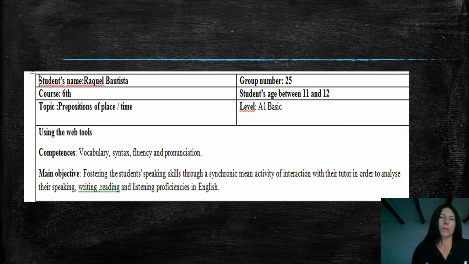And the main objective that you need to achieve at the end of the class is fostering the students' speaking skill through a synchronous activity on interaction with your tutor, in order to analyze their speaking, writing, reading, and listening proficiency in English.